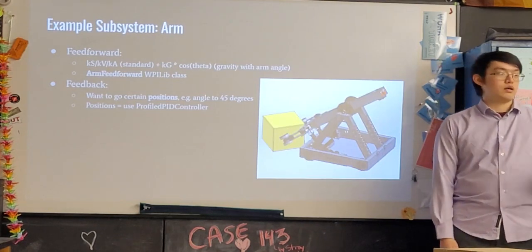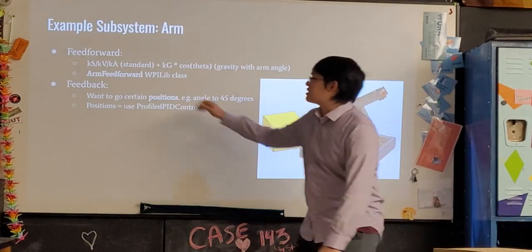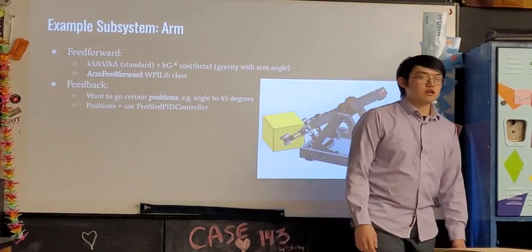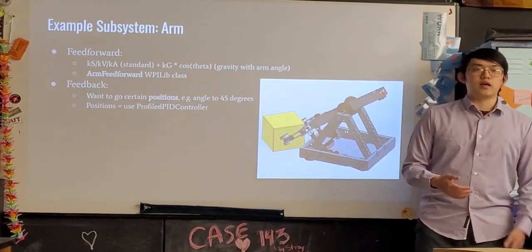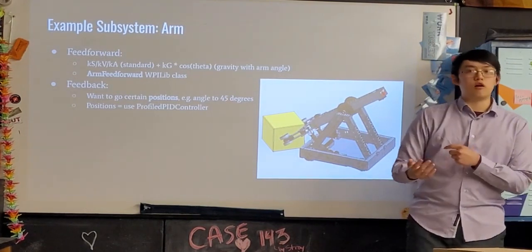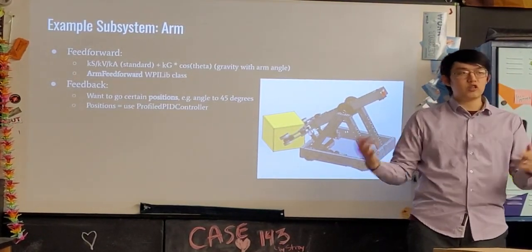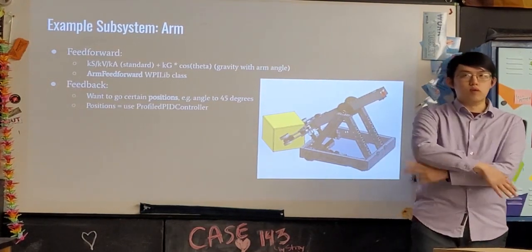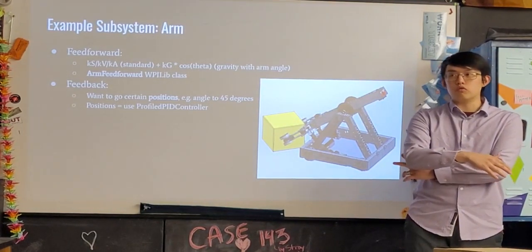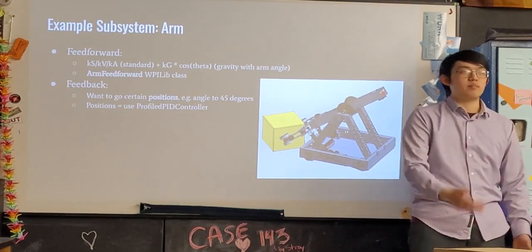An arm, as you were talking about, needs to have the standard feed forward constants, Ks, Kv, and Ka. It also needs to compensate for gravity, but in a special way. Unlike the elevator, which goes up and down in a vertical axis, an arm can rotate, and the prediction algorithm needs to know what angle the arm is at or wants to go to in order to predict the effect of gravity on that arm and thus compensate for it.